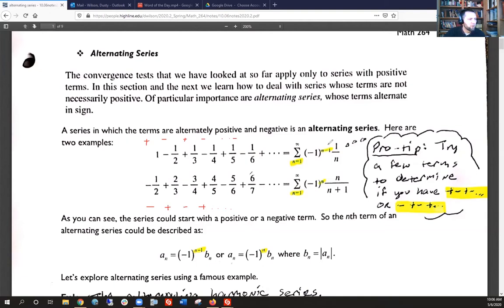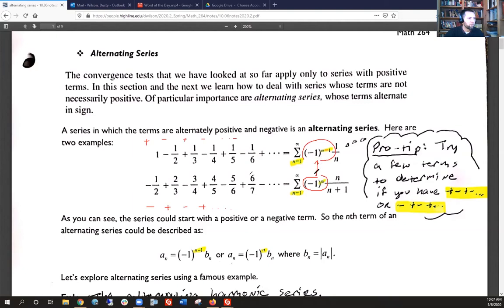One thing to note is that in the top sequence, when we collapse things together, we have a -1 to the n minus 1, and in the lower series we have -1 to the n. It's this expression here that makes things alternating.